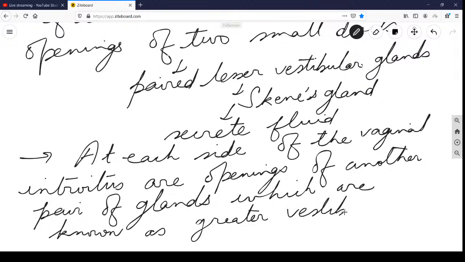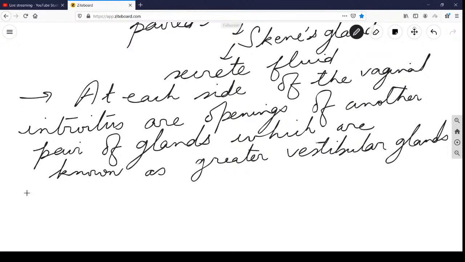Greater vestibular glands, or you can call them Bartholin's glands.